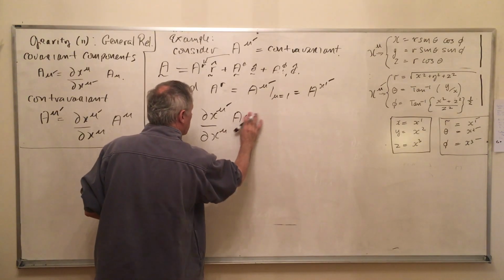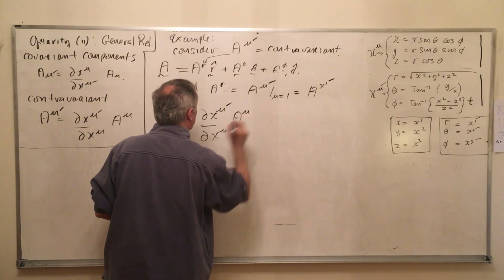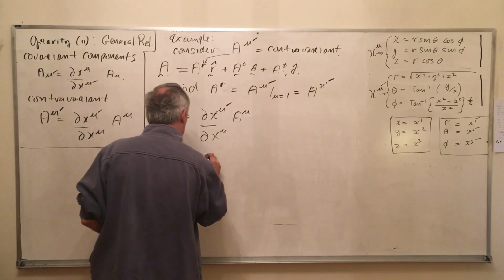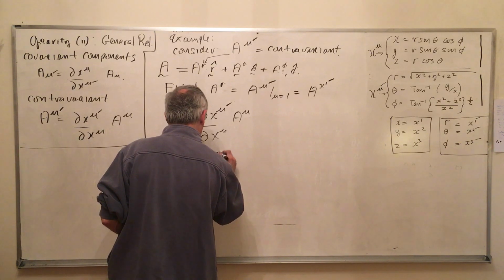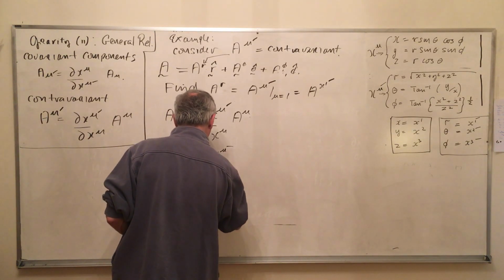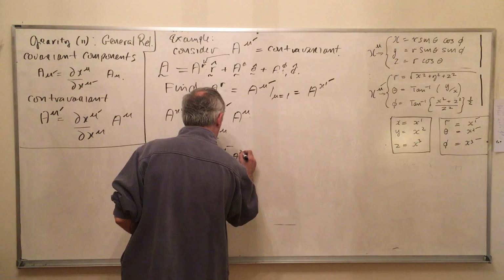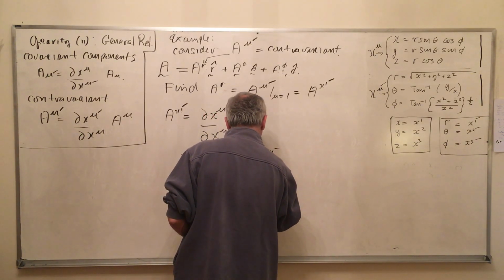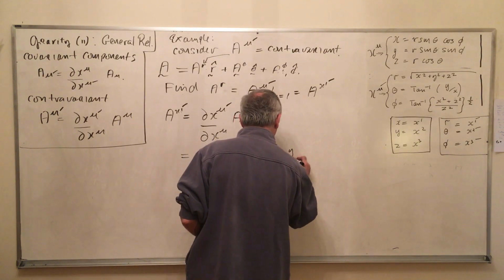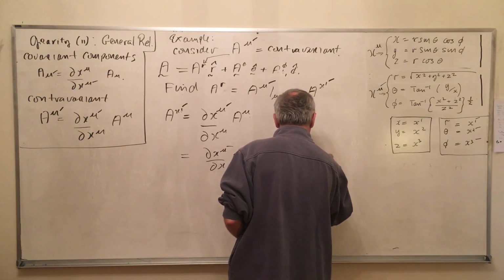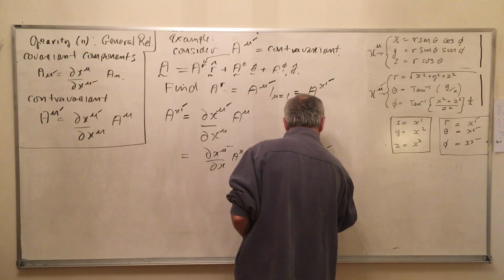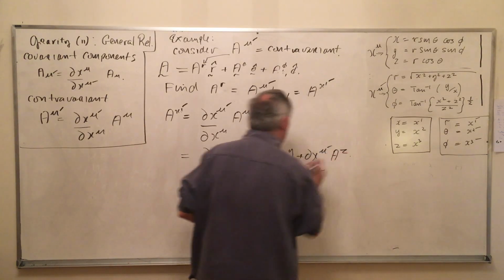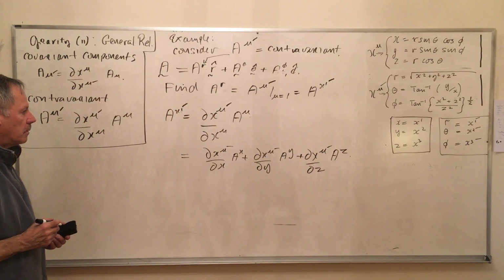So we sum over the x mu's. And we shouldn't have put that x mu in there. So it's going to be this. So that's what's going to be the whole case.